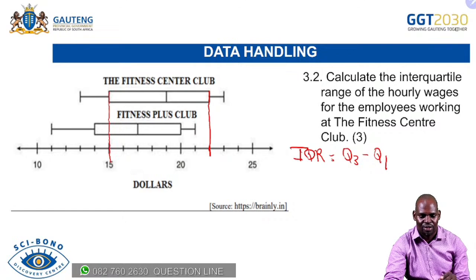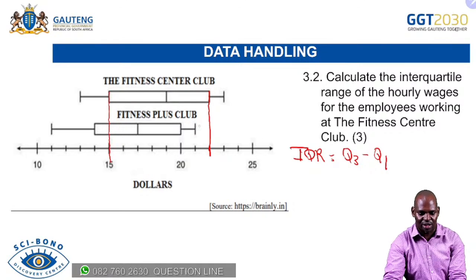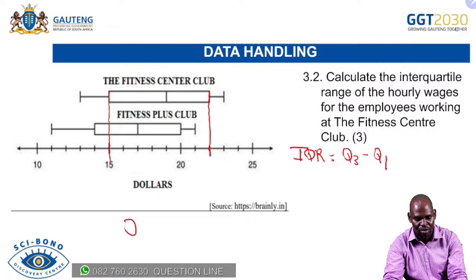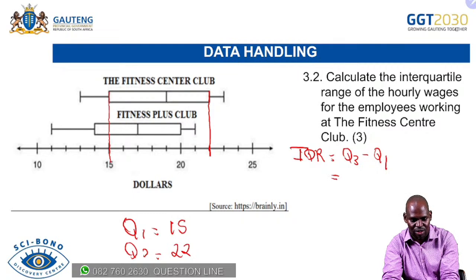We've already interpreted the intervals. We know that each line represents 1. So this is 15, that is our quartile 1. So quartile 1 is 15. And then quartile 3 is obviously 21, and then it's 22. So it's 22. Now we can do the substitution: 22 minus 15. This will give us 7.